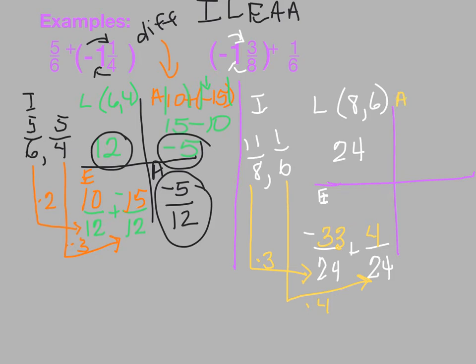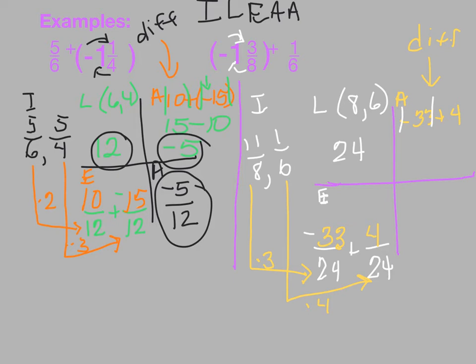I'm going to now get to my A, add those integers as usual. Negative 33 plus 4. The signs are different. Find the difference. Here they are. So I'm going to find those absolute values.